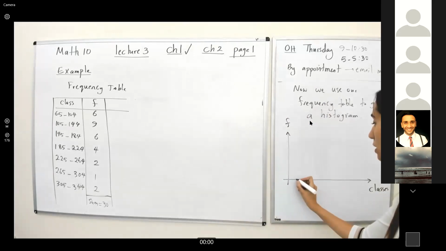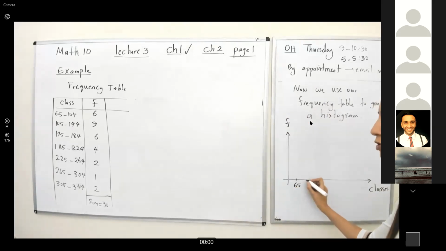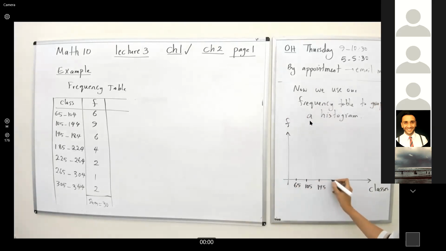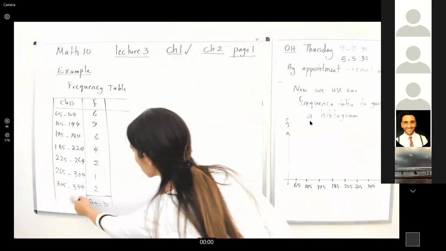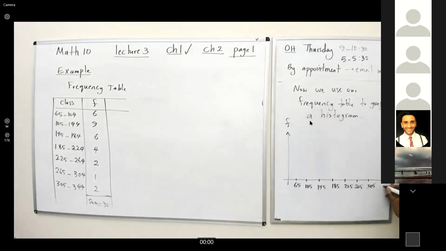The very first one is 65. Then you have 105, 145, 185, 225, 265, then 305, and the final one is the end one, which is 344.